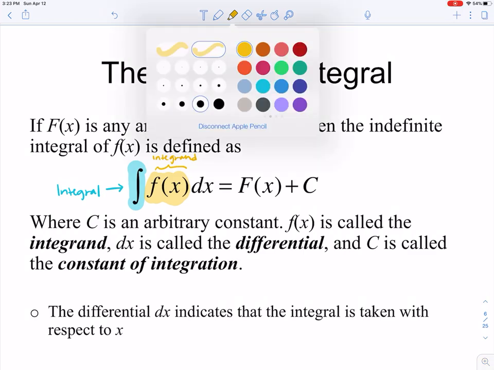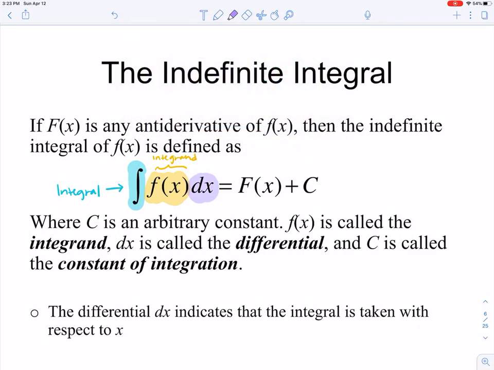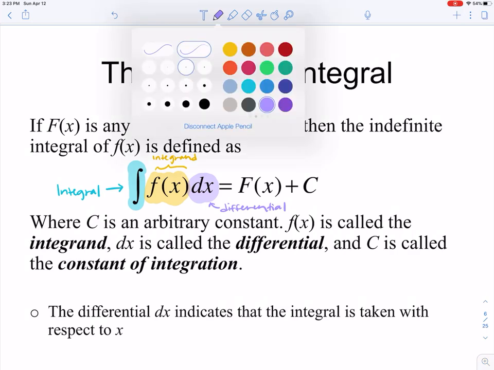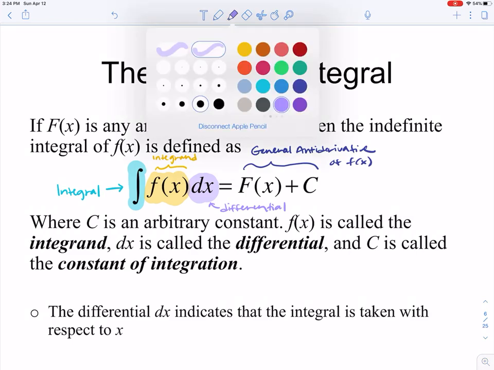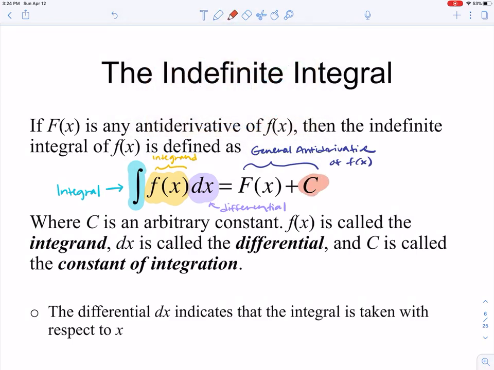So we're taking the integral of lowercase f of x, the integrand. dx is referred to as the differential. Capital F of x plus c is the general antiderivative of lowercase f of x.